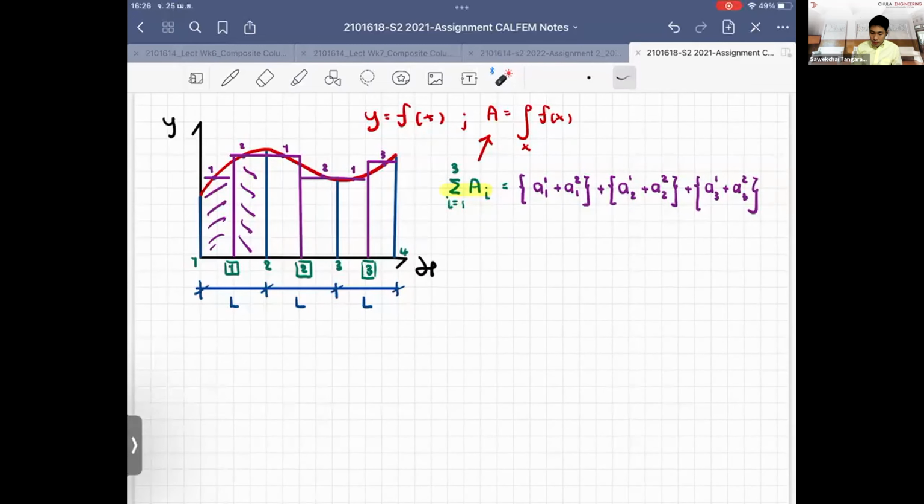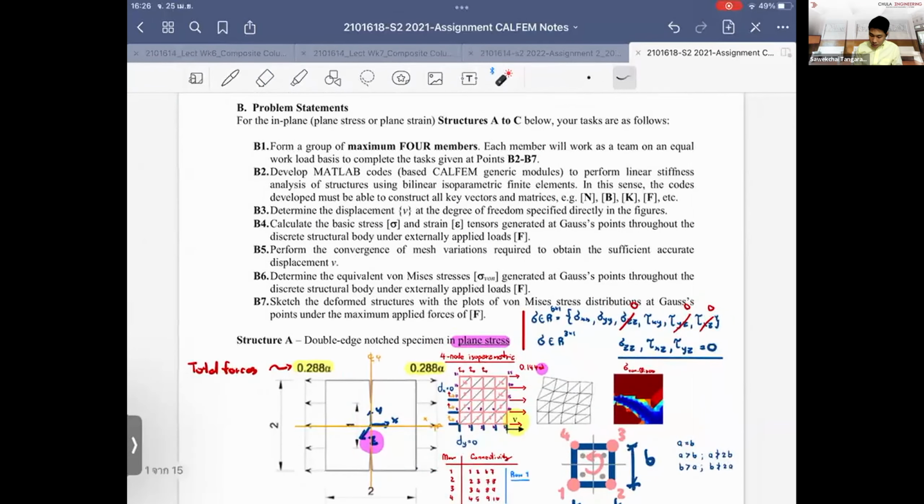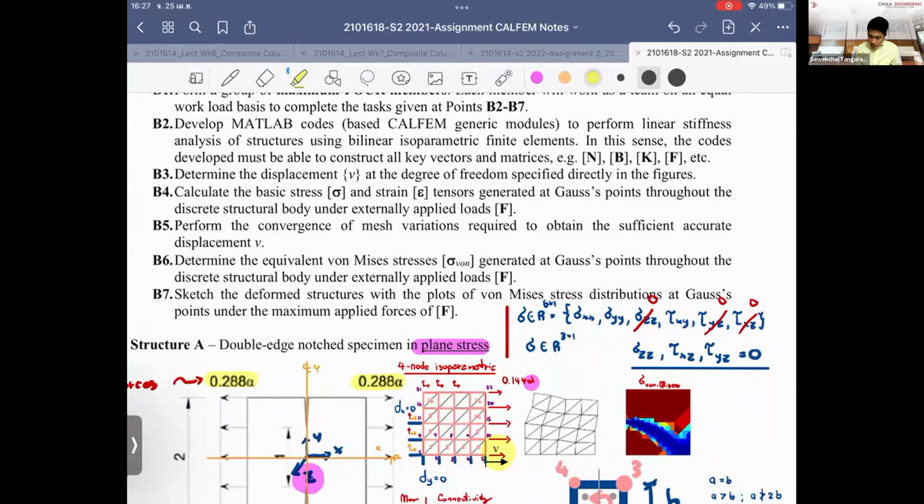In this exercise, they ask you to check the convergence, right? CALFEM can tell this, yes. You determine the value of the displacement at the degree of freedom that's specified directly in the figure.